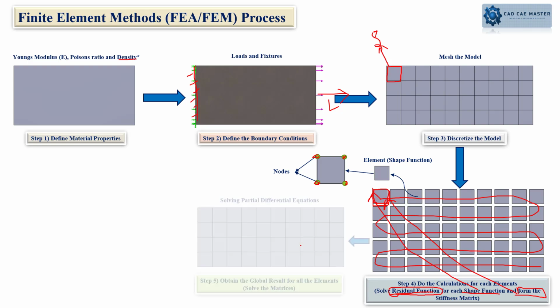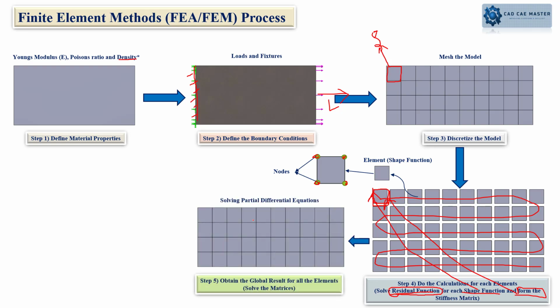The next thing is to deal with the partial differential equation, that is F, which is equal to stiffness matrix into displacement. So what exactly it does is it combines all the stiffness matrices here and it solves for this by using programs like ANSYS and others, and then you're gonna get the results in the form of the displacement.